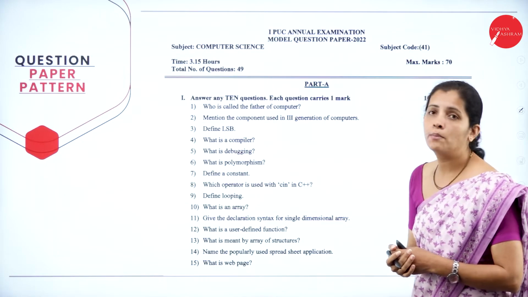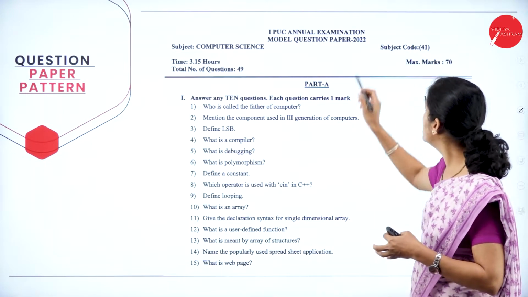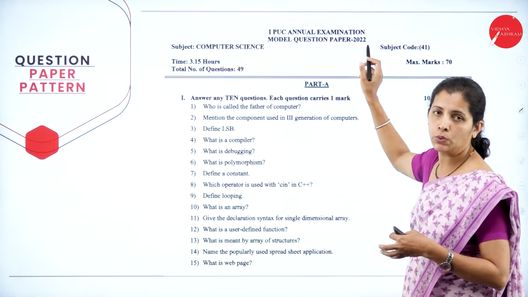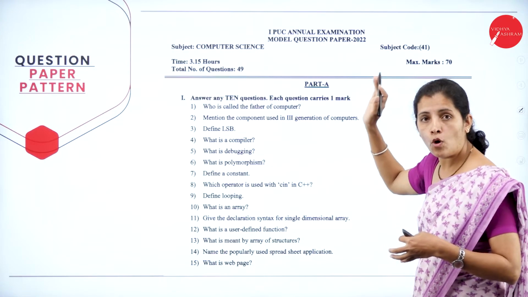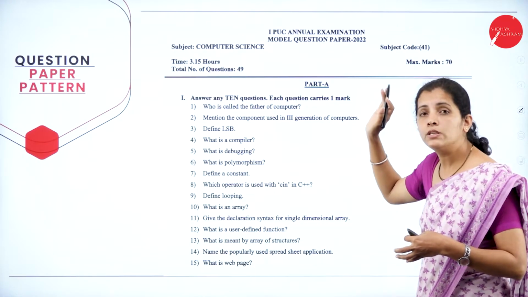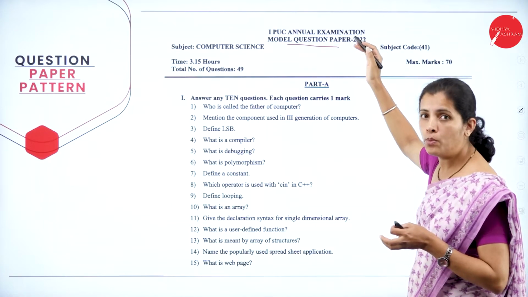Moving further, I'm going to show the model question paper of the year 2022. Now, this is the 2022 model question paper, which is prescribed by the Karnataka PU board.